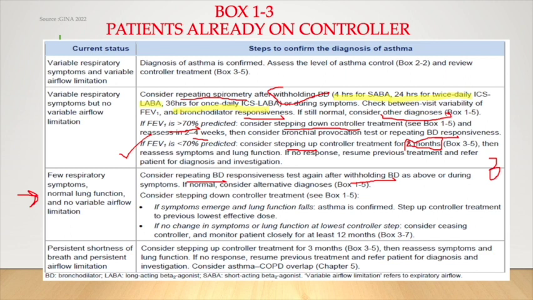If this patient still has a normal report, please step down the controller. Do not give him excess steroids. And now if his symptoms re-emerge and in the next visit his lung functions are failing, then even if this patient had a normal initial report, his asthma is confirmed. Go back to the previous effective dose of controller, the least effective dose of controller.